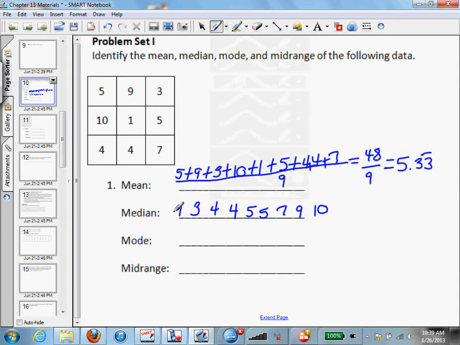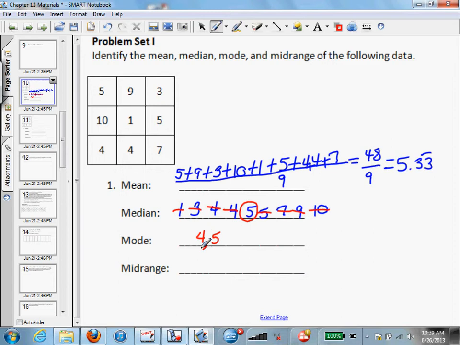Now what you need to do is cross off the first and last, second and second to last, third and third to last, fourth and fourth to last, and the one in the middle is the median. So 5 is the median in this case. Mode are the items that occur most often, and if you look at it, we have 4 and 5 repeating twice, so 4 and 5 are the mode.